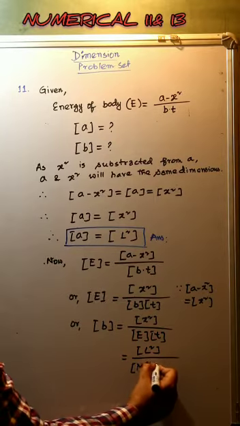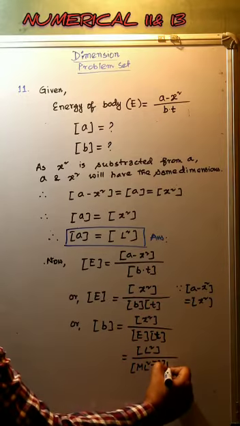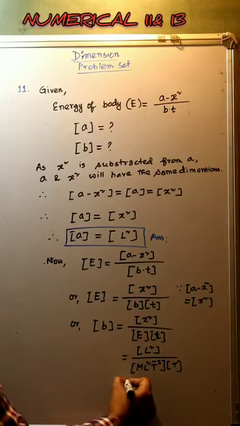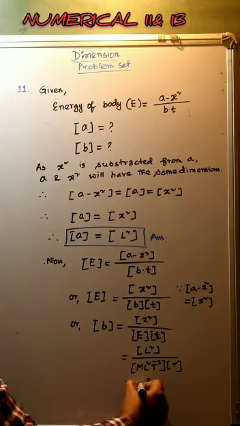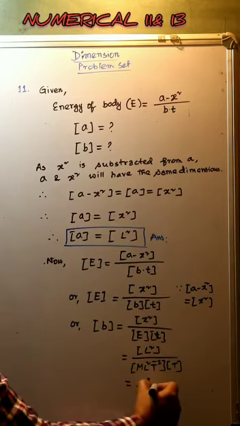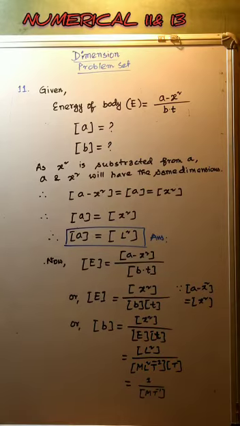So now dimension of x square is L square and dimension of energy is what? M L square T to the power minus 2, and here only time means T. So L square will cancel out, so finally we get 1 divided by M, T to the power minus 1.